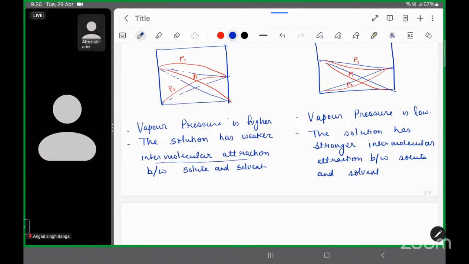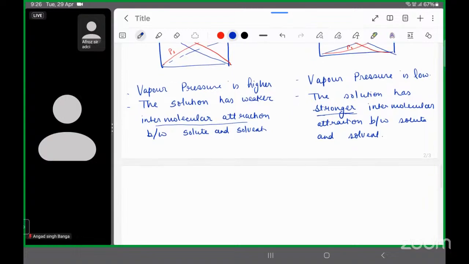Is that clear? If the interaction is stronger, then the molecules escape a little less, then the formation of vapor will be lower, so they will exert a lower vapor pressure.